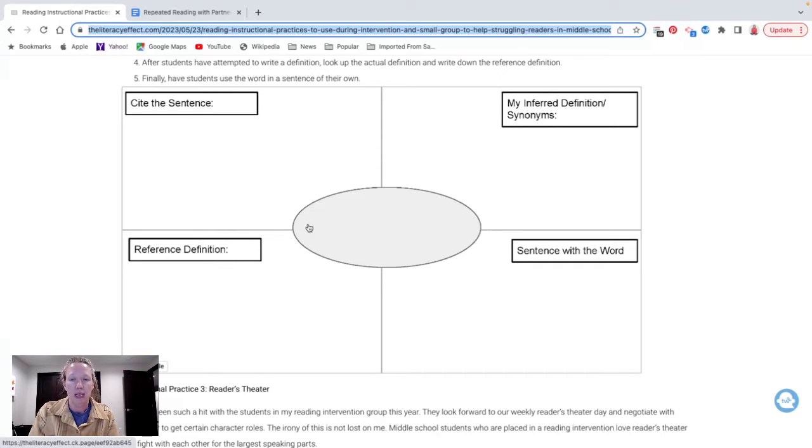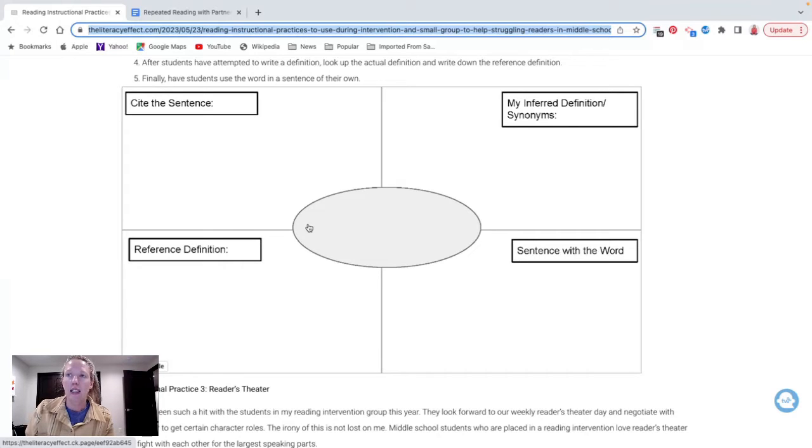Then whatever that vocabulary word is, you write it in the middle, and you have students give an inferred definition or words that they think mean the same as that vocabulary word based on how it's used in the sentence. Next, you'll look it up with students and write down the reference definition in student-friendly terms.